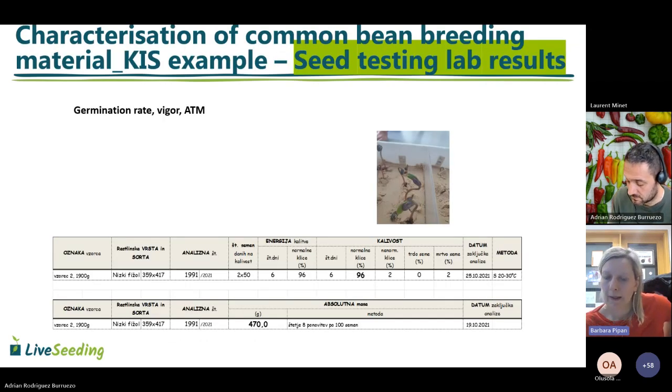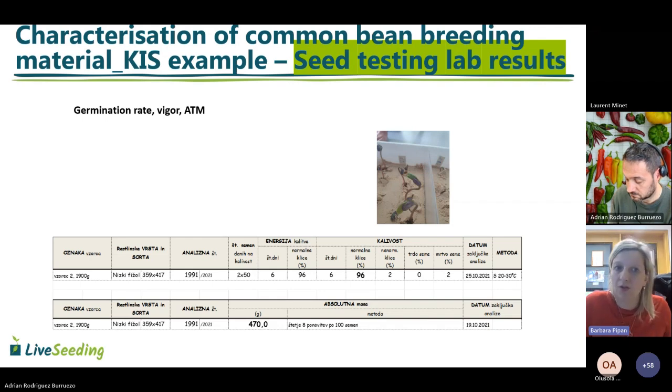Okay, so this is something I would not say is not important, but it is not highly required to be involved in the multi-criteria decision analysis at the end. But it is very important for providing the final data for the submission of the variety for registration to the Community Plant Variety Office technical questionnaire.